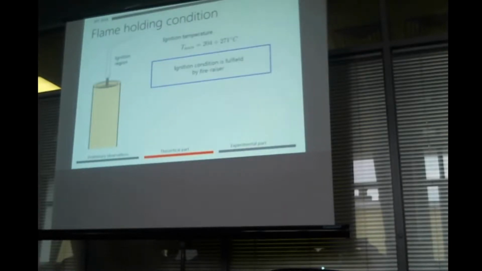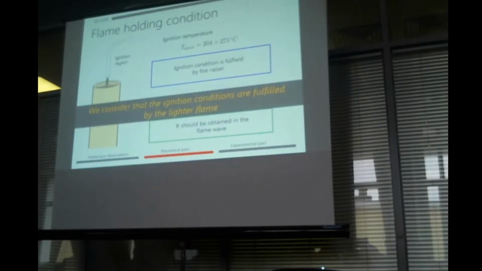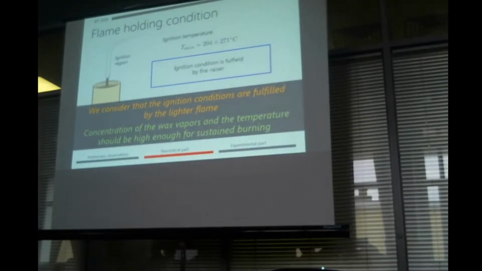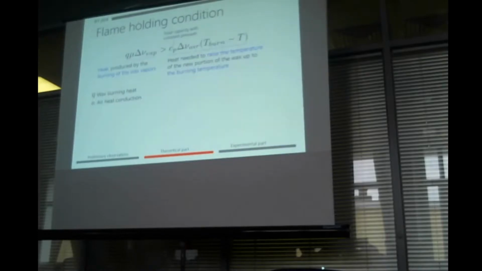For ignition to be possible, the temperature of the vaporized wax should be high enough, and to further sustain the burning reactions, some lower temperature is enough. We consider that the ignition conditions are fulfilled by a lighter flame, and we also understand that the concentration of the wax vapors and temperature should be high enough for sustained burning.